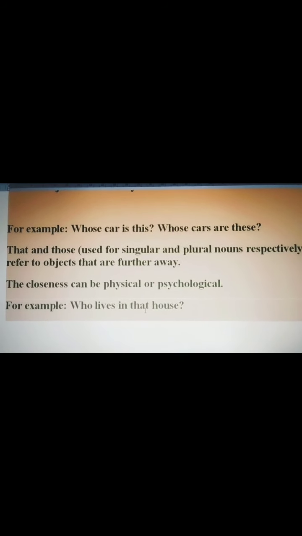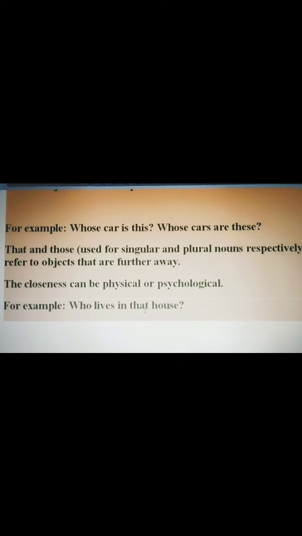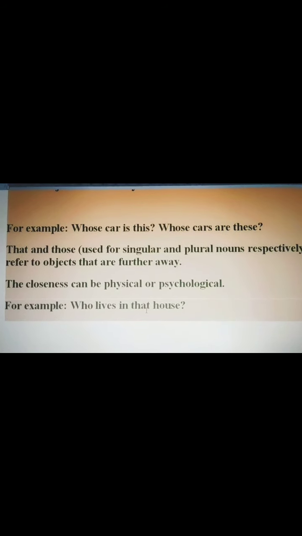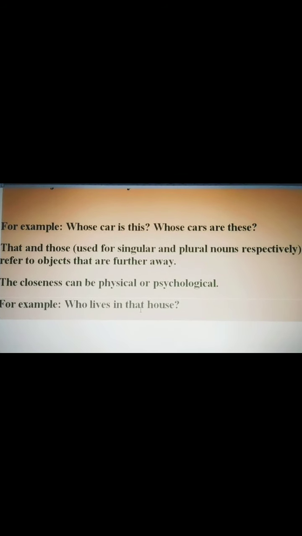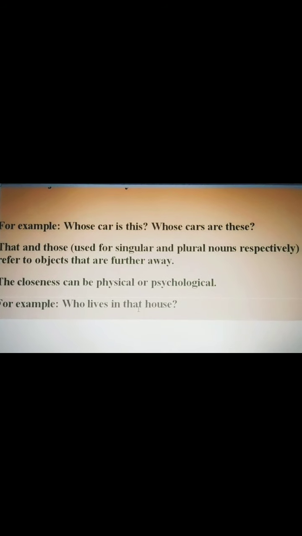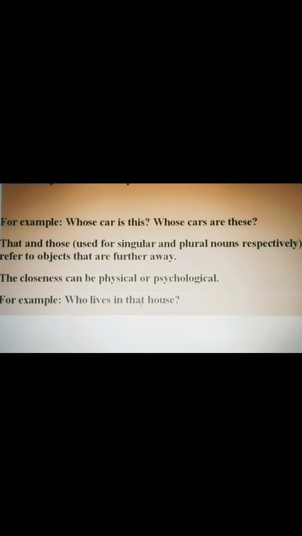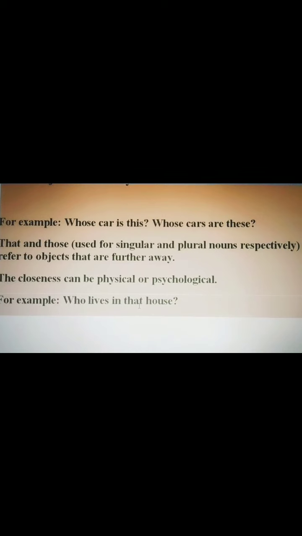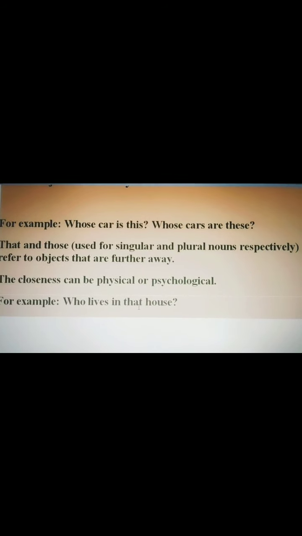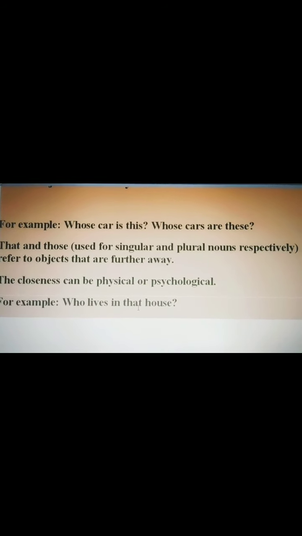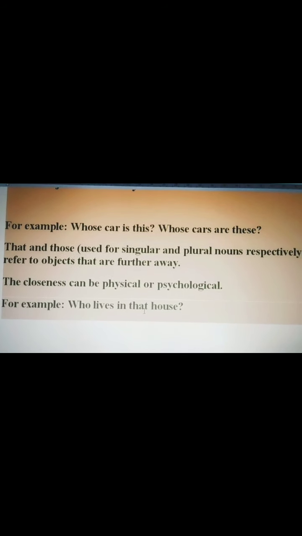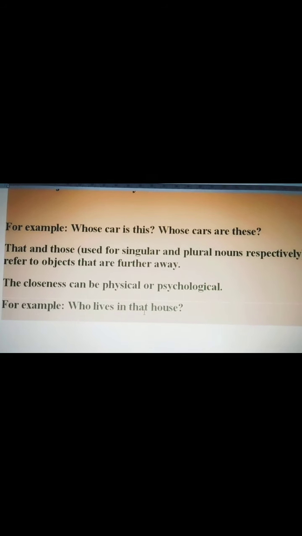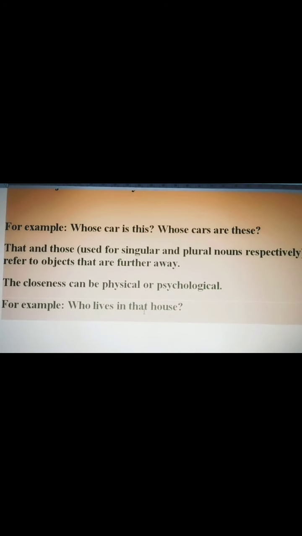Now the example we can see: who lives in that house. So you are talking about a house that is far away from you and you are pointing towards that particular house. So that is the use of the demonstrative determiner here. Now write down one more example or two more examples here also using that and those.